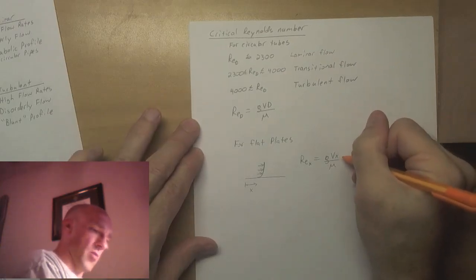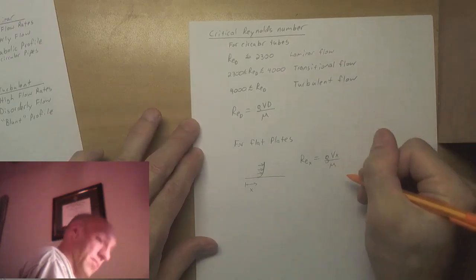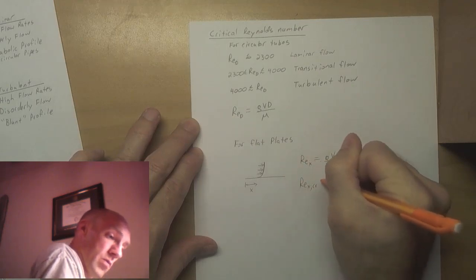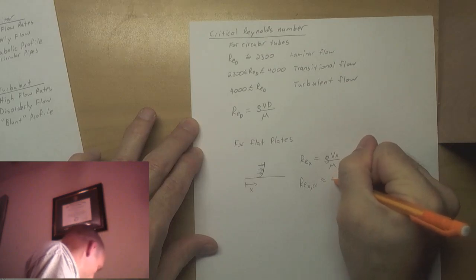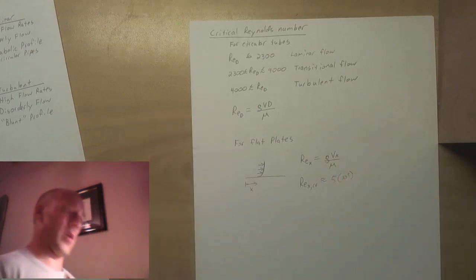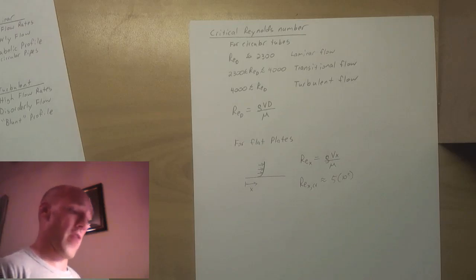And the critical Reynolds number for that is like 5 times 10 to the 5th, so about 500,000.